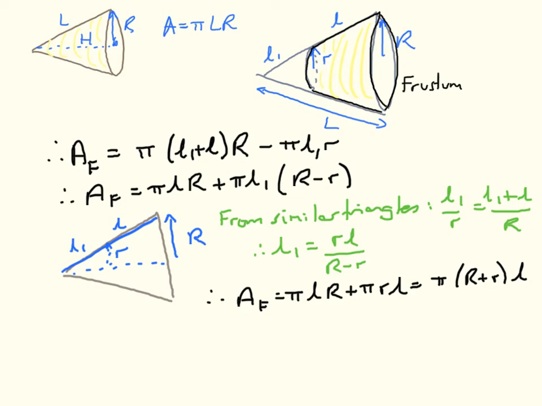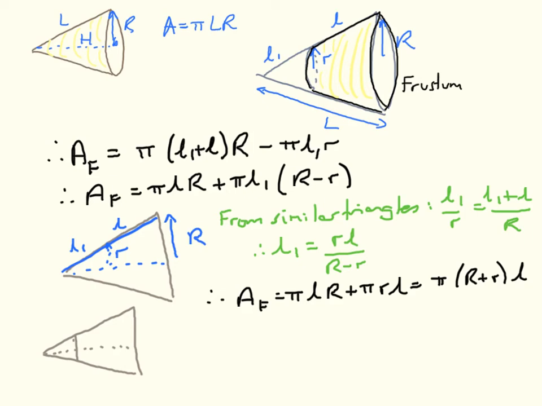So what I'm going to do is to draw our frustum again. So I draw this triangle here, and I'm going to show our slice is here, and draw a dotted line right through the middle.